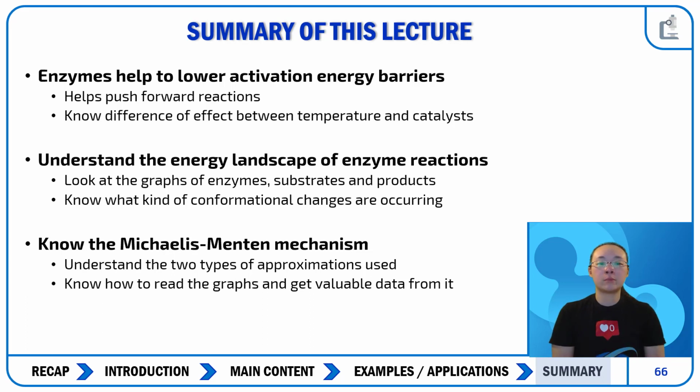The last thing we learned about was the most important model for enzyme kinetics, the Michaelis-Menten mechanism. Like I said before, understand the two types of approximations used and know how to read the graphs and get valuable data from it. So there might be some questions where you're asked to label a graph, or you'll be asked to try and figure out the Vmax or the Michaelis constants just by looking at the graph.